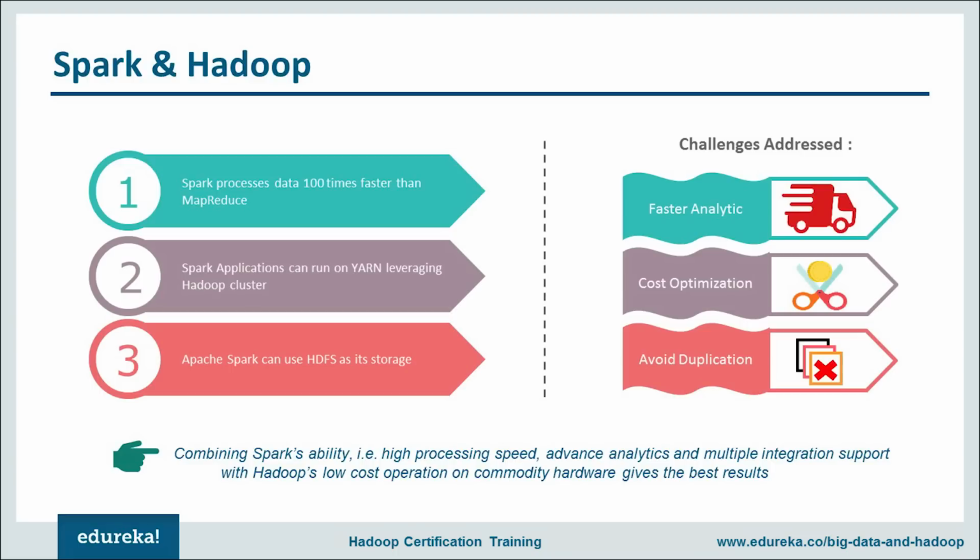It has enhanced features like in-memory processing and machine learning capabilities, and you can use it with Hadoop. And Hadoop uses commodity hardware, which can give you better processing with minimum cost. These are the benefits that you get when you combine Spark and Hadoop together in order to analyze big data.